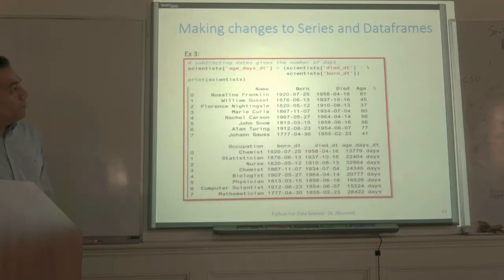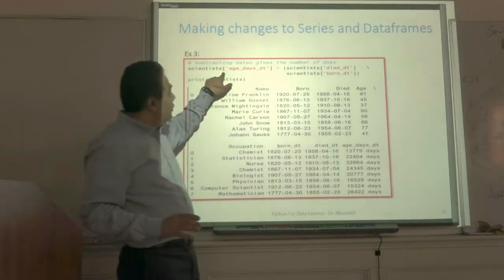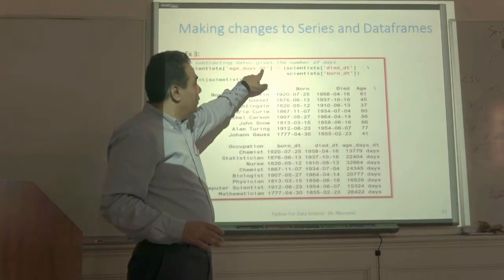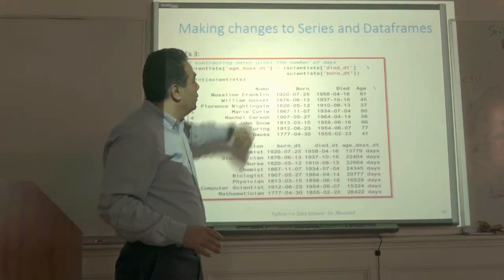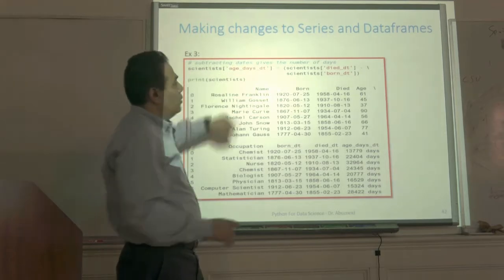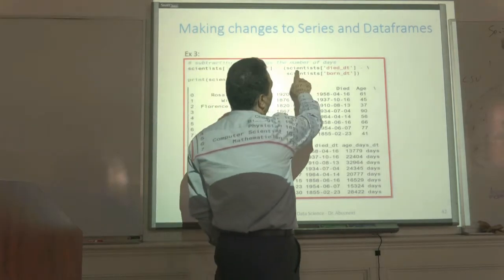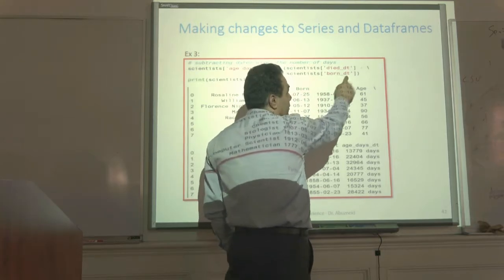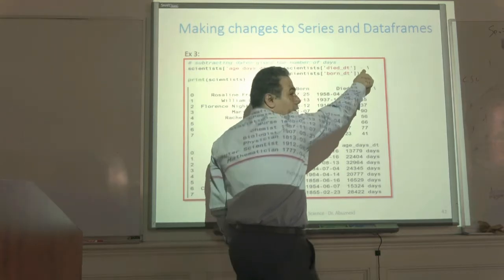So now I could create another column, which is age days. How am I calculating it? Scientist died date minus born date. Can I do the minus?